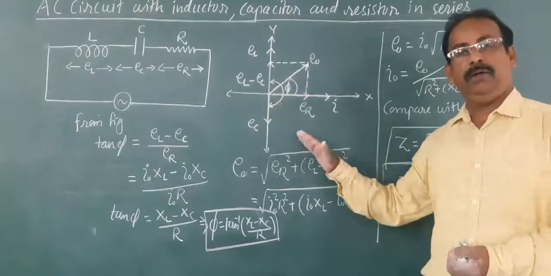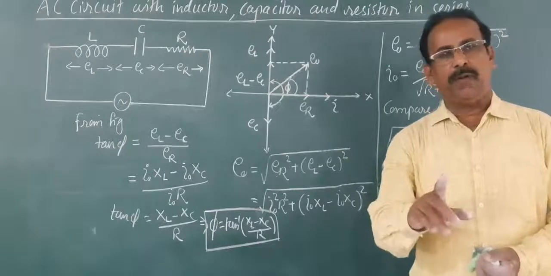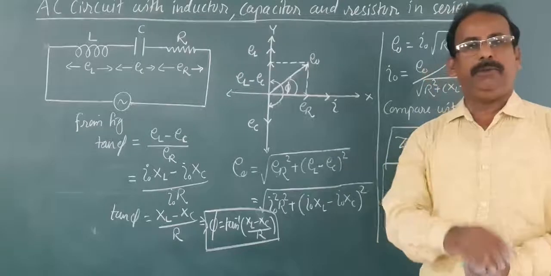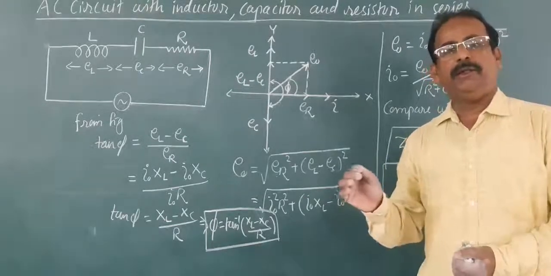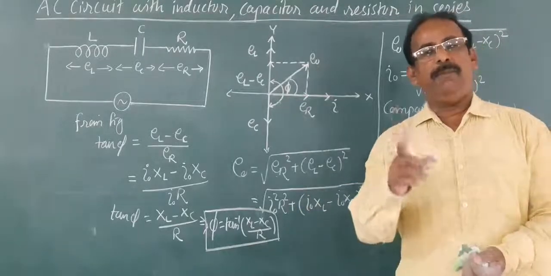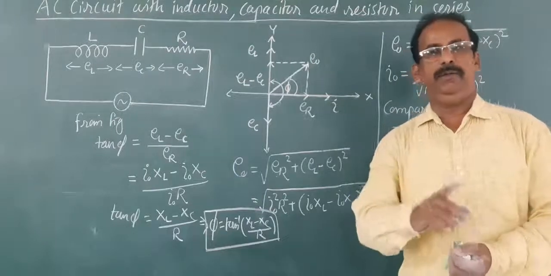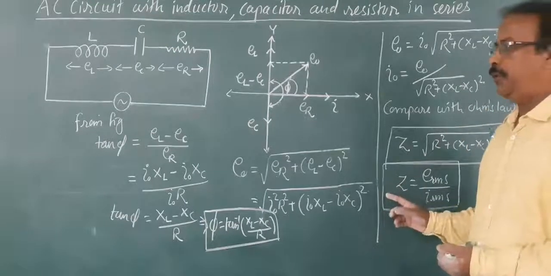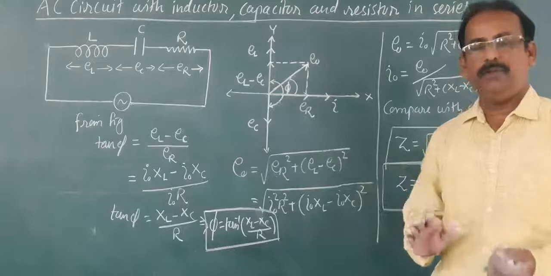And here you will find that phi, which is the phase difference between EMF and current, is negative. It means that when EC is greater than EL, EMF lags behind the current by phi radian. This is all about series LCR circuit.